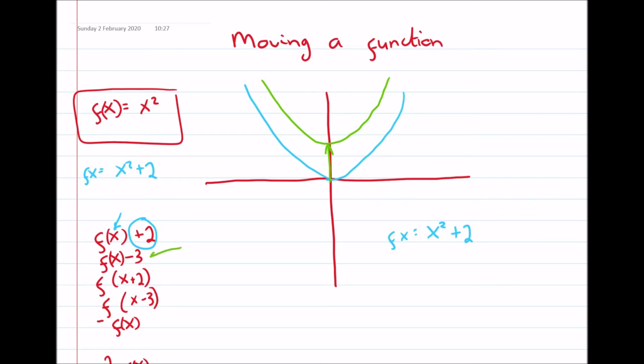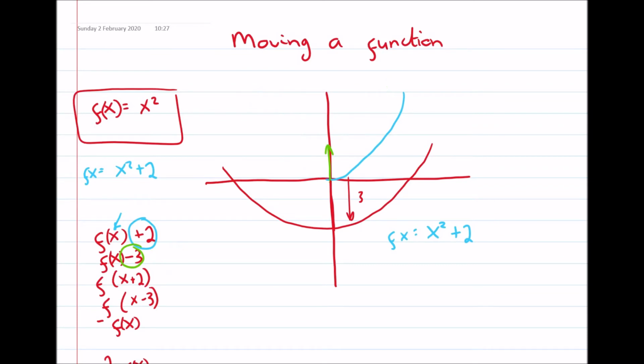If we look at this one here, f of x minus 3, notice the minus 3 is outside the bracket, so that will move it down 3. Okay, so the blue curve will be moved down 3. Notice this one now. Okay, so I tidy this all up again.